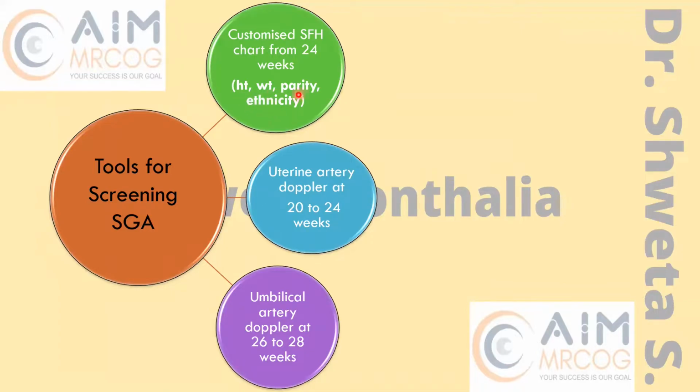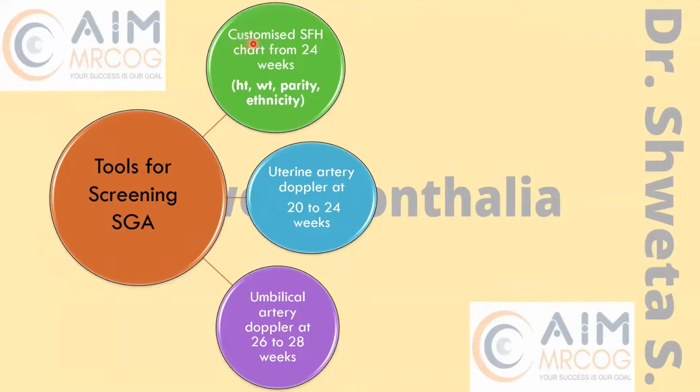If her height, weight, parity, and ethnicity is different, her baby weight also will be different. Like if her BMI is more, her baby will also be more weight. If she's a multipara, the baby will be more weight. Some ethnicity groups are more tall, more heavier, so their baby will be bigger.